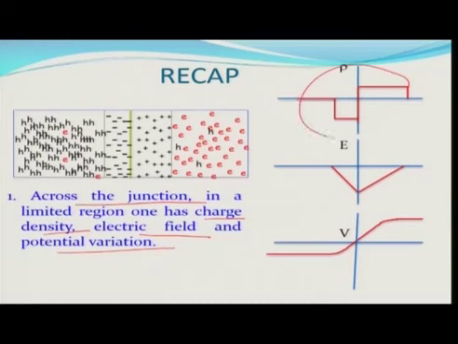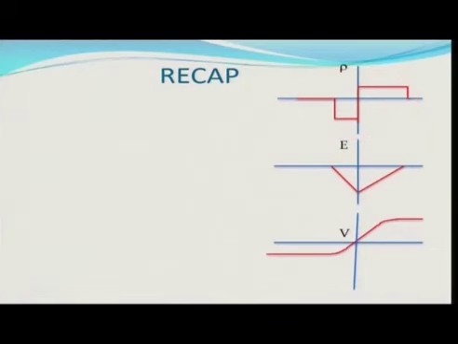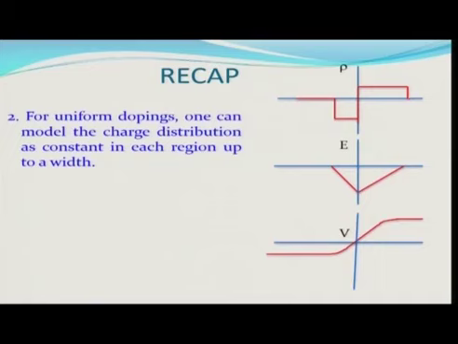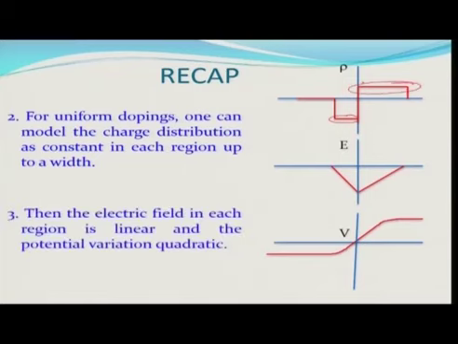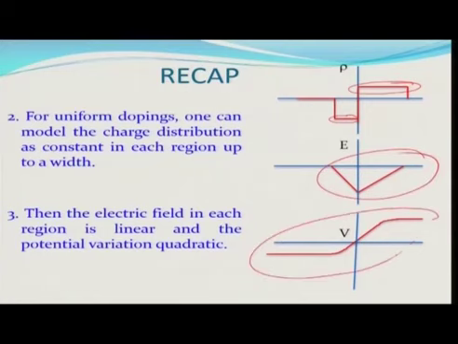So, this is how we model the charge density, negative charge on p side, a positive charge on n side. And then for uniform doping, we take this charge density to be constant in this region as well as in this region. The electric field is then linear and the potential changes in quadratic fashion.